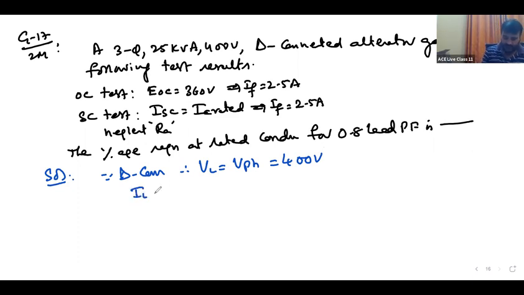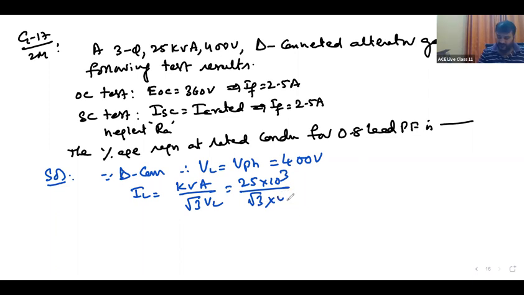Then IL is equal to kVA divided by root 3 into VL, which is 25 kVA divided by root 3 into 400. Therefore the current is 36.08.